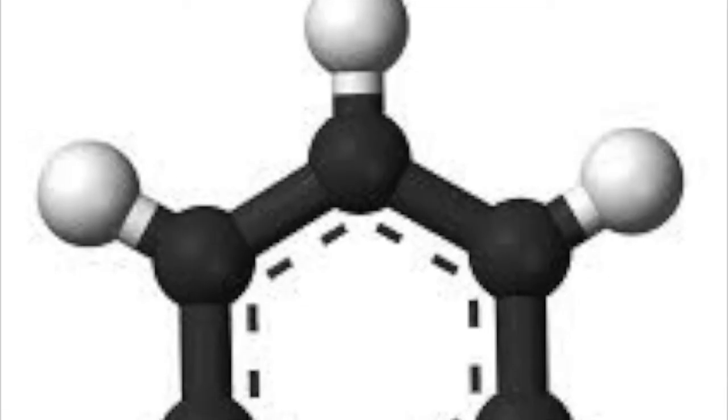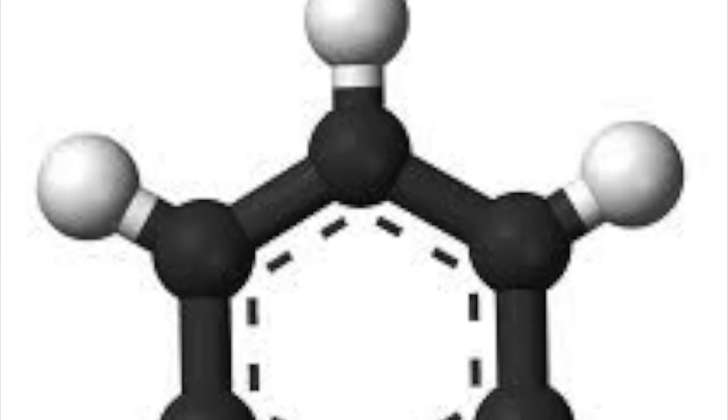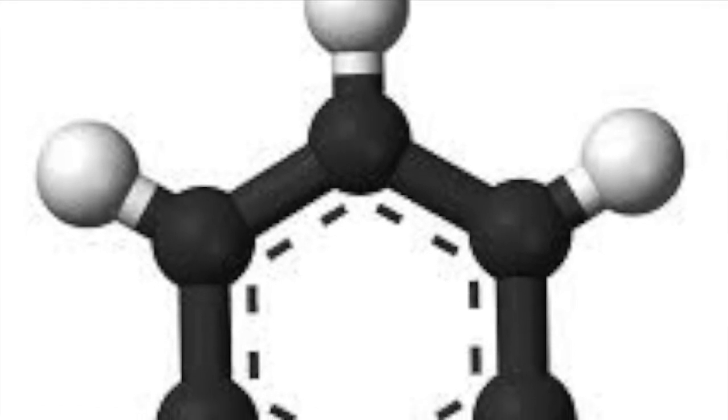IUPAC rules for naming aromatic compounds: if they have only one substituent, they must have the substituent plus benzene and no numbers, and they must have common names. If it has two substituents, you need to use numbers, the lowest numbers, use prefixes ortho, meta, and para, and use common names. And if it has three or more substituents, you need to use numbers, the lowest also, and use common names.